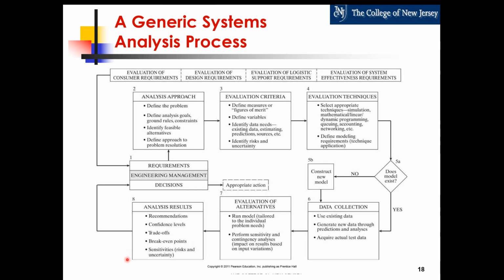So you get all this data and you can start making informed decisions about the system and take appropriate actions. Sometimes this action has to do with changing the requirements and going through the loop again.